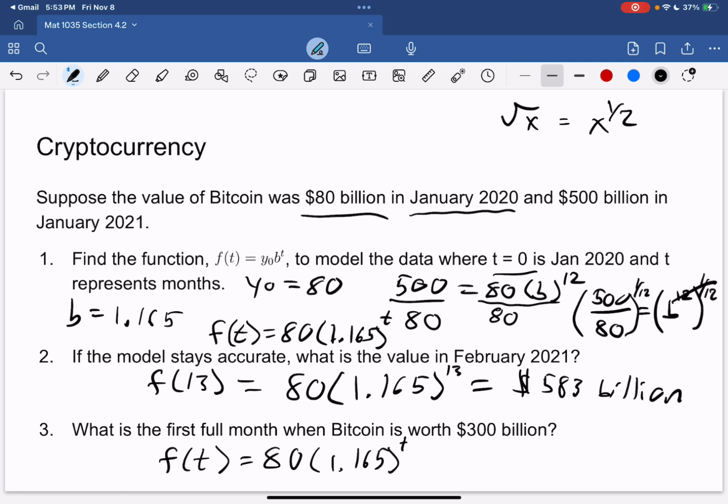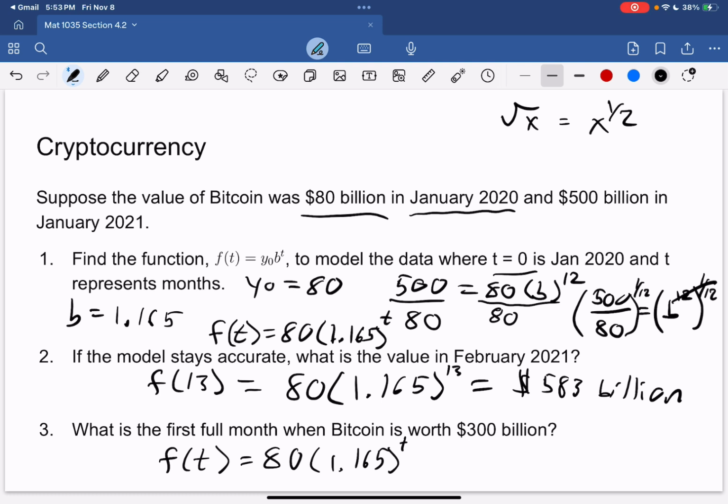I could start at 1, 2, 3, whatever I wanted. Through a little common sense and deductive reasoning, we know that if it's 80 billion at 0 and 500 billion when t is 12, then I need to look between those two.